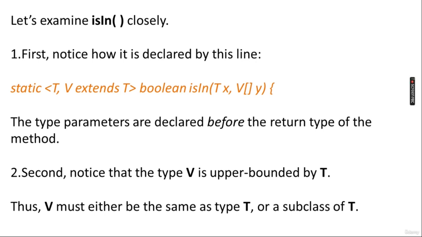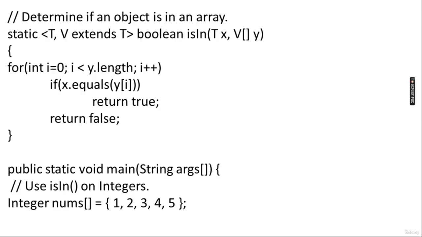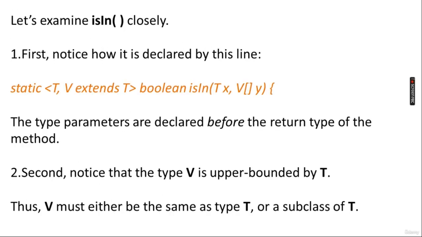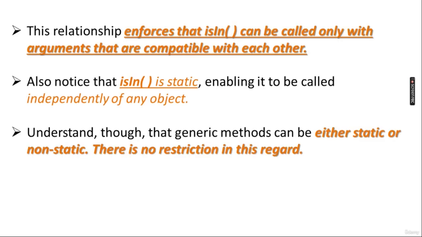And second, notice that the type V is upper bounded by T. So whatever type that you are specifying over here must be of type T. Thus, V must either be of the same type as T, or a subclass of T. This relationship enforces that isIn can be called only with arguments that are compatible with each other.